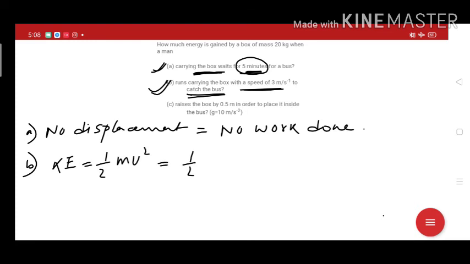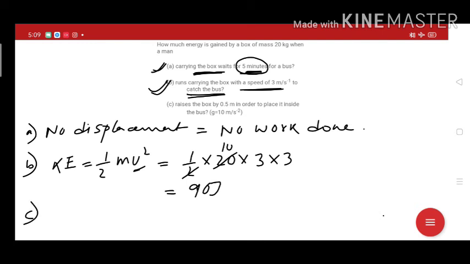So half m is 20 kg over here, and v means 3 meter per second, so 3 is squared because v is squared. Then 10, so 3 3s are 9, it is exactly 90 joule.